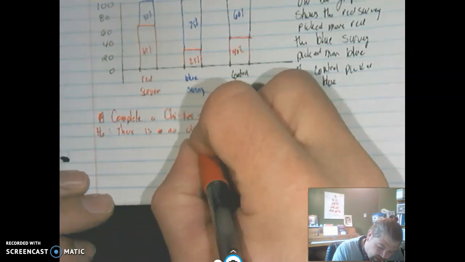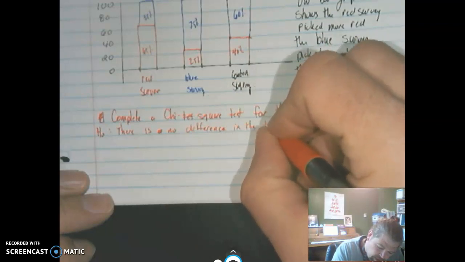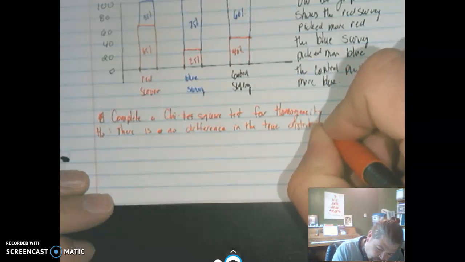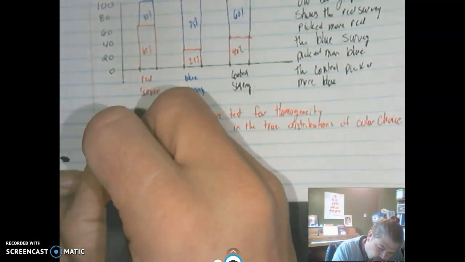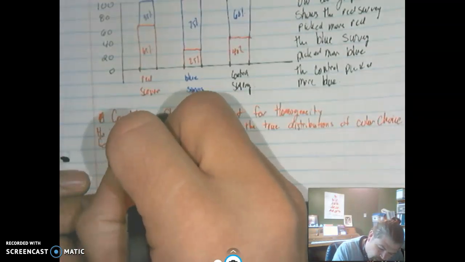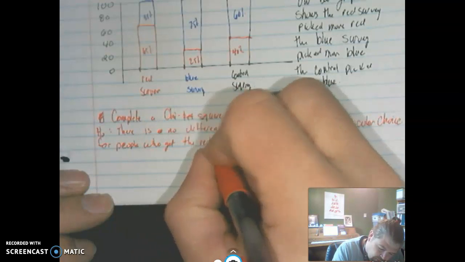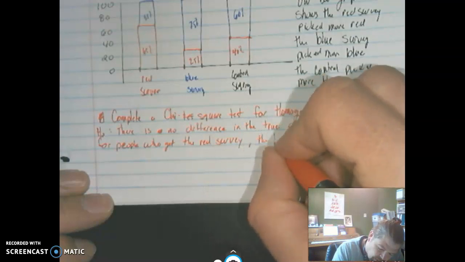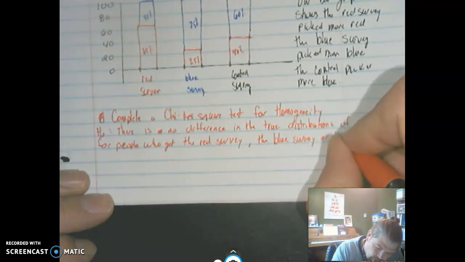no difference in the true distribution of color choice for people who get the red survey, the blue survey, or the control.